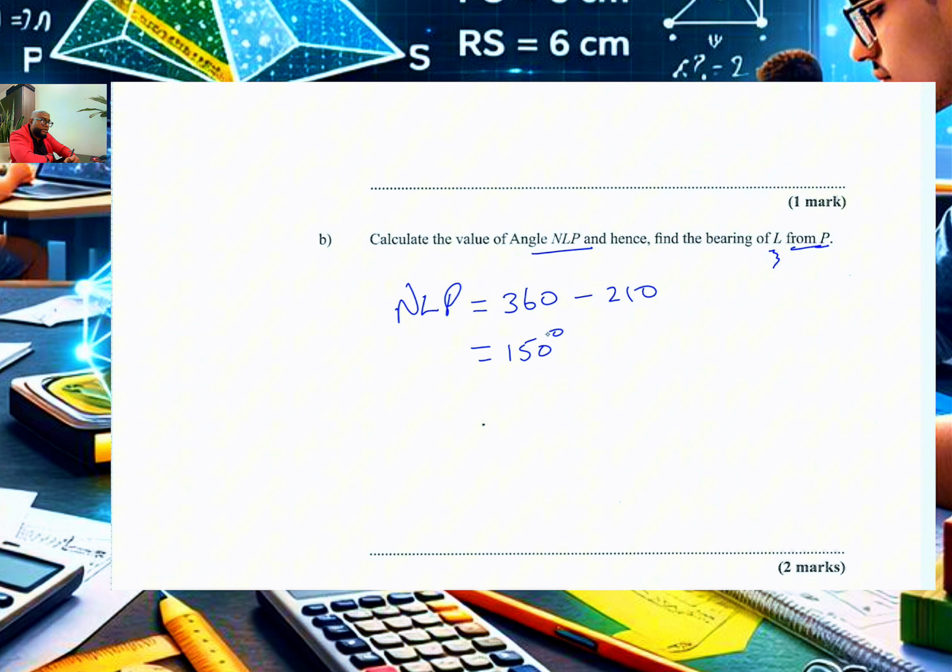And therefore, the bearing of L from P would be equal to 180 minus 150, which will be 30 degrees, right?